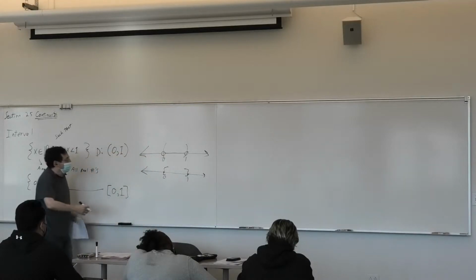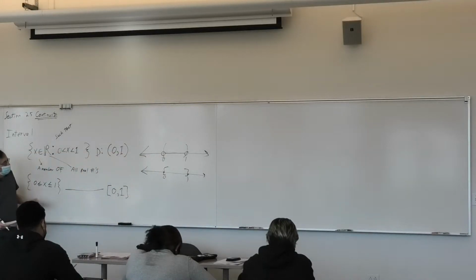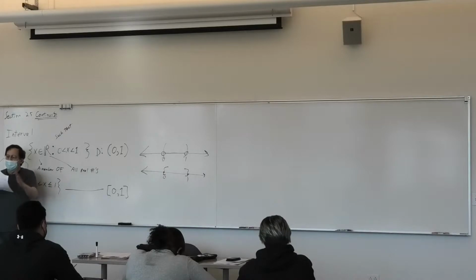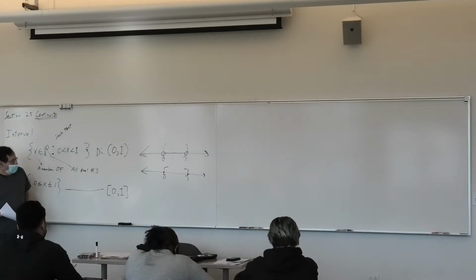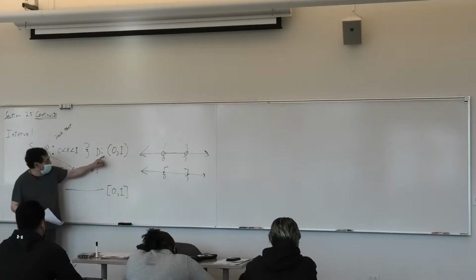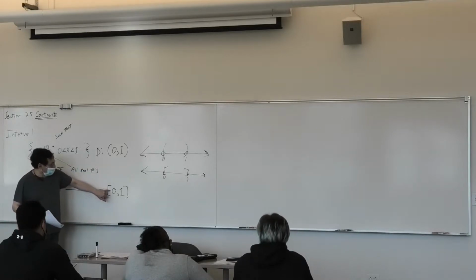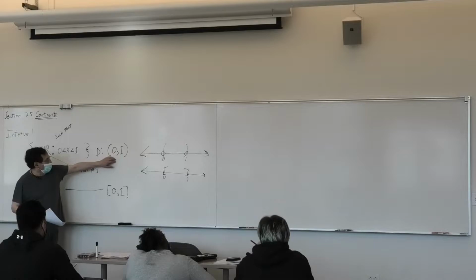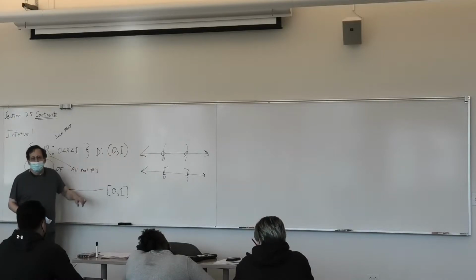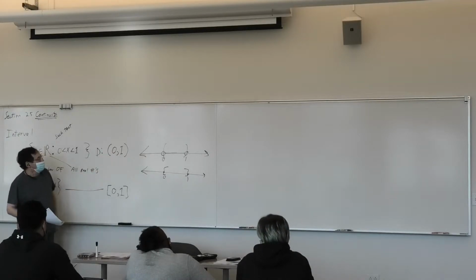All these are possible, just as long as you understand the basic idea. An interval is just all the numbers between two endpoints. And we might include the endpoints in a closed interval, or we might not include the endpoints in the interval.